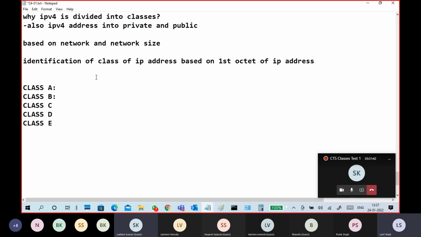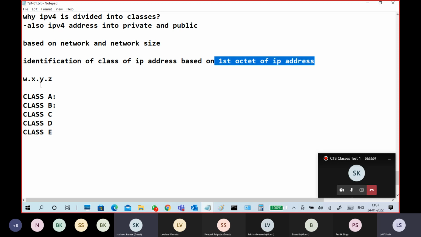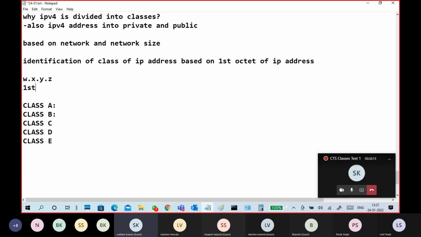Based on the W value, you can understand whether it's class A, class B, class C, or class D. So based on the W value, or first octet value, always look at the first octet, and ignore the values of the second, third and fourth.